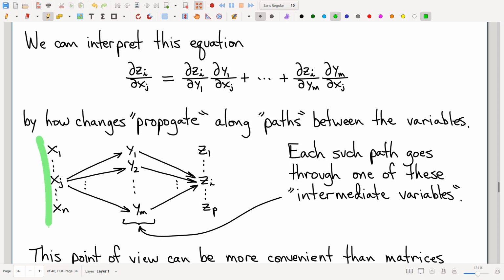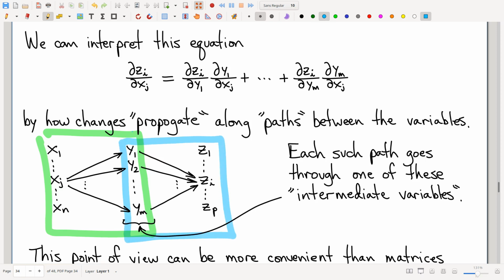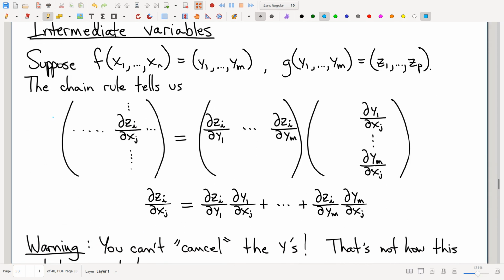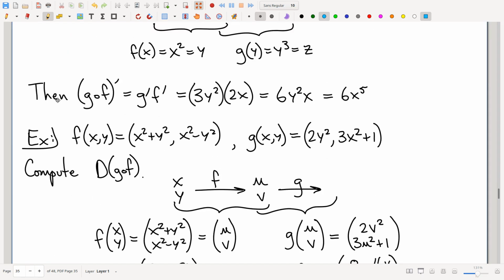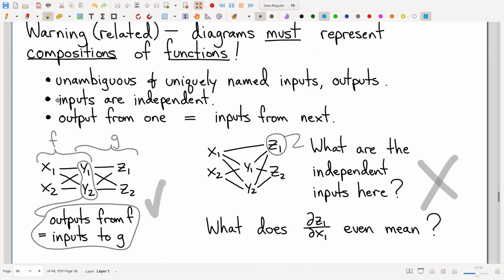Yeah, but notice that part of the diagram came from literally a function that I am literally composing with what there is, again, literally a function, right? So ultimately, this all comes out of very much the matrix form of the chain rule, which is about compositions of functions.